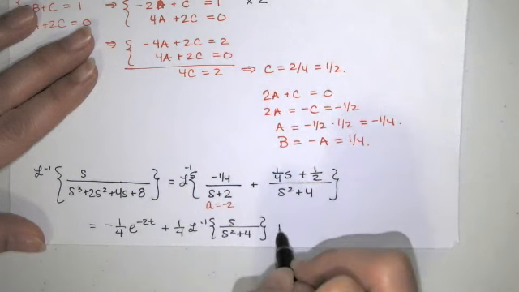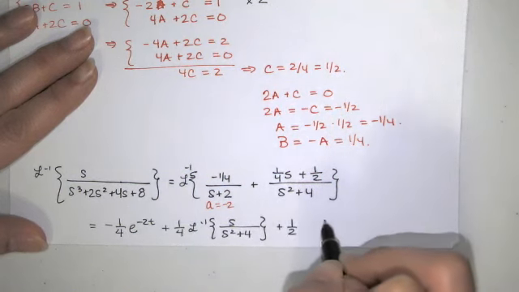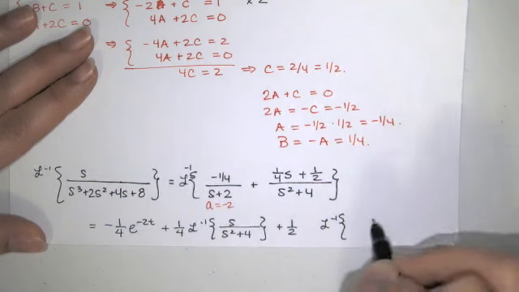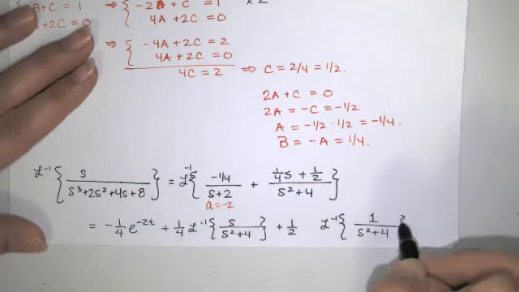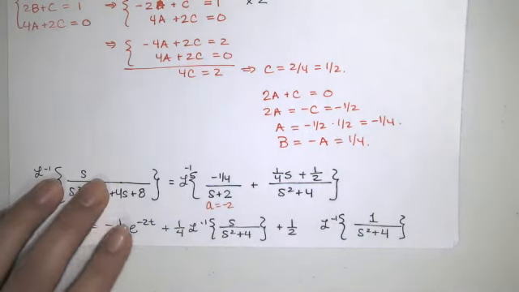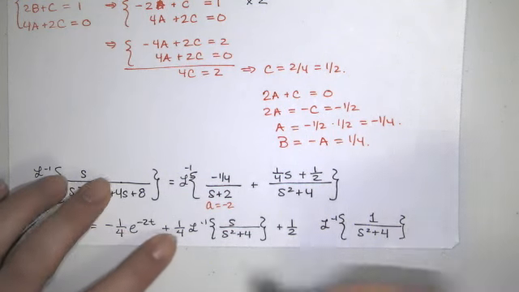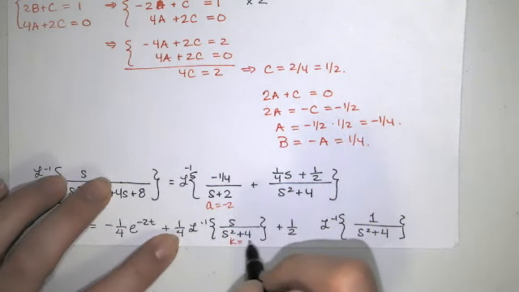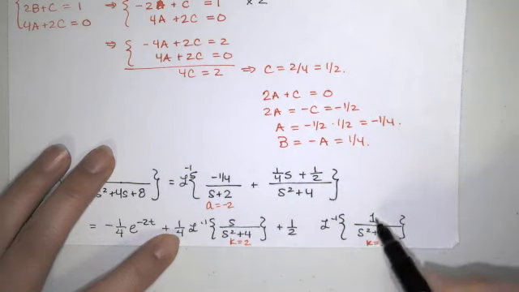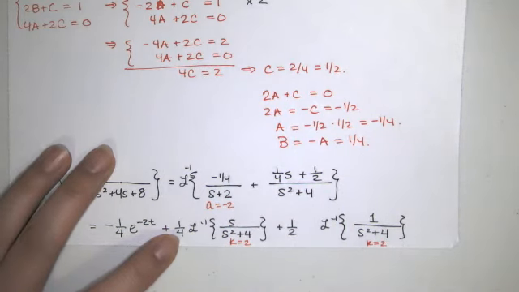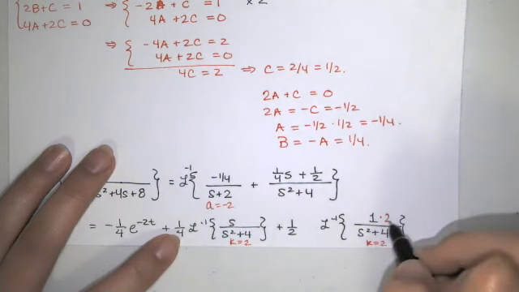And then I'm going to factor out that 1/2 and temporarily leave that numerator as a 1. But then I'm going to think about what the numerator would have to be. So remember, if k squared equals 4, that means k is equal to 2. And I'm supposed to have a k over s squared plus k squared here. So I need a 2 in the numerator.